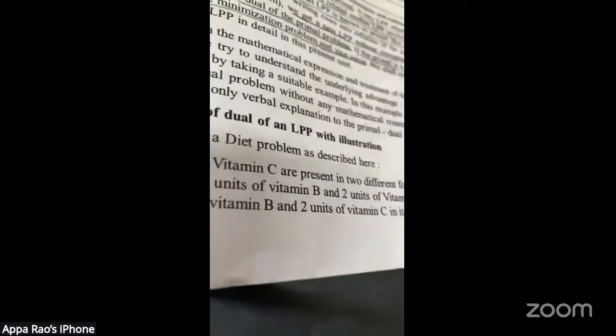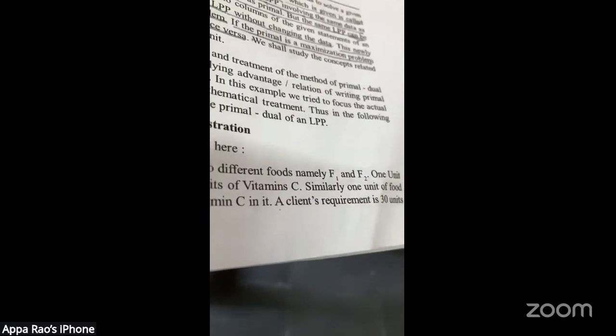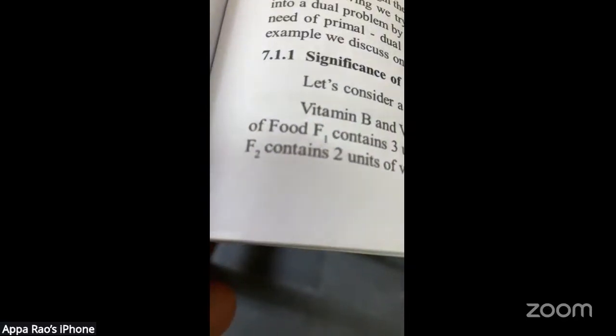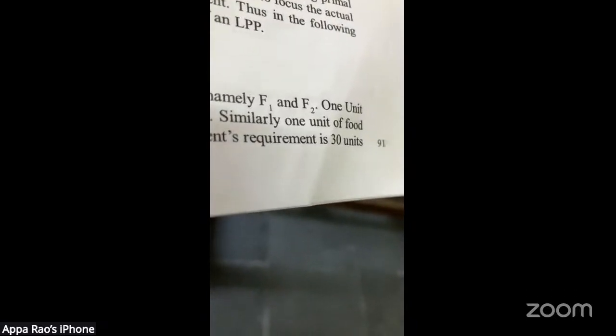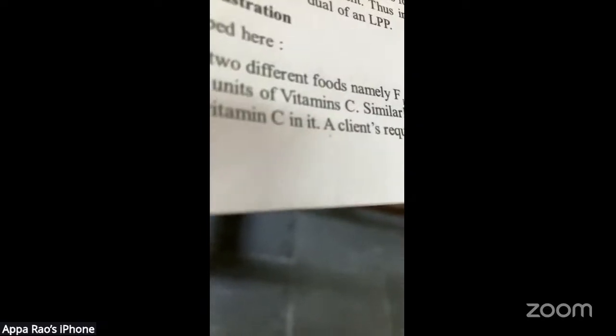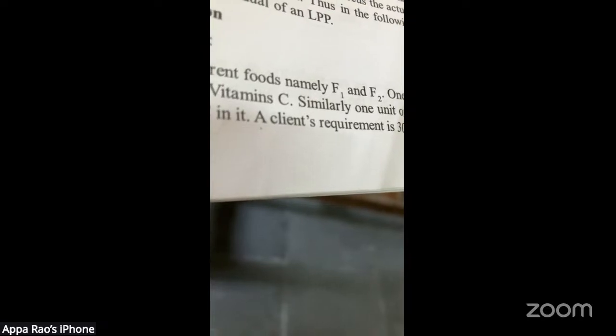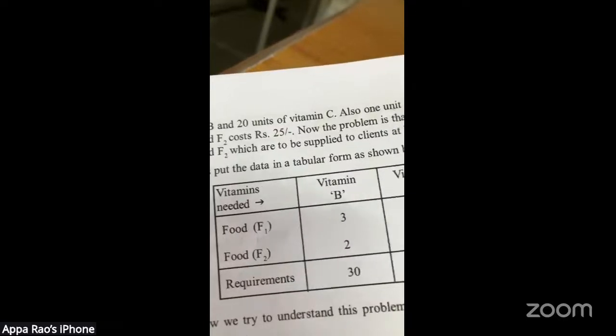One unit of food F1 contains 3 units of vitamin B and 2 units of vitamin C. Similarly, 1 unit of food F2 contains 2 units of vitamin B and 2 units of vitamin C. A client's requirement is 30 units of vitamin B and 20 units of vitamin C.